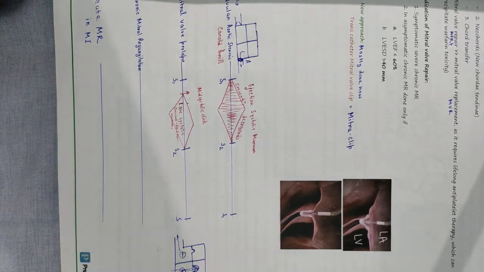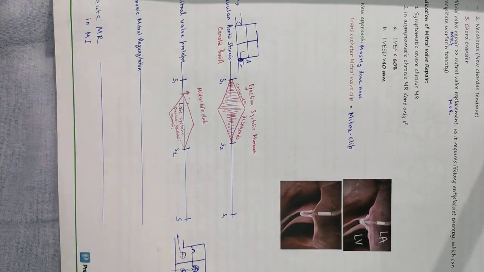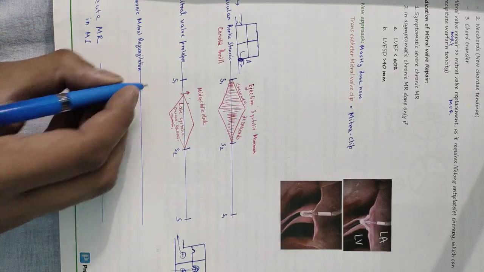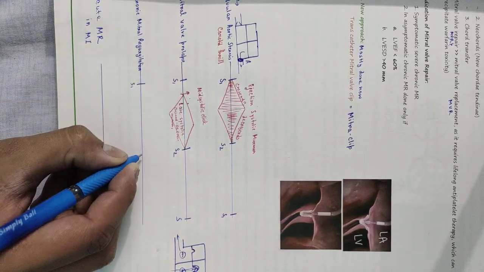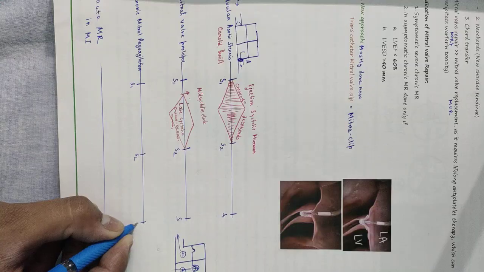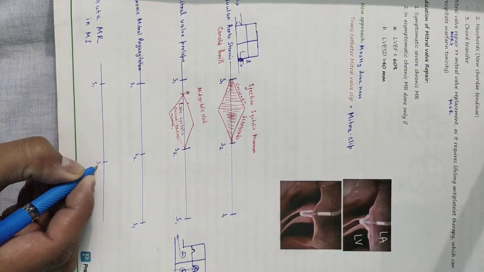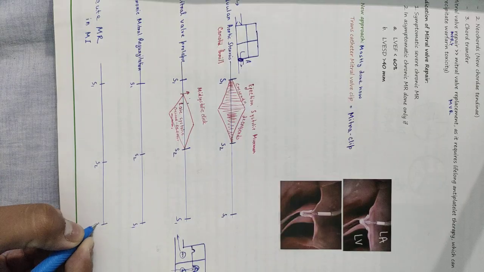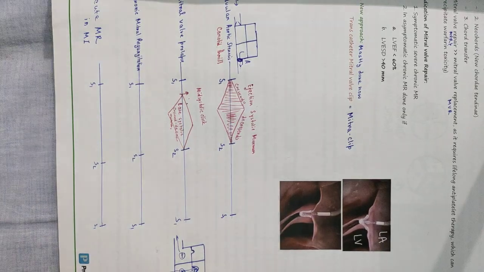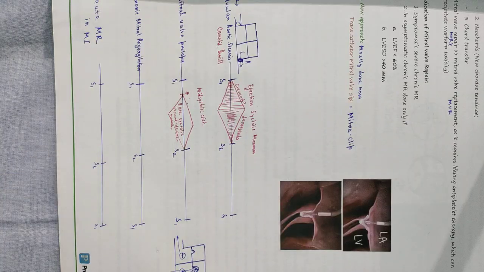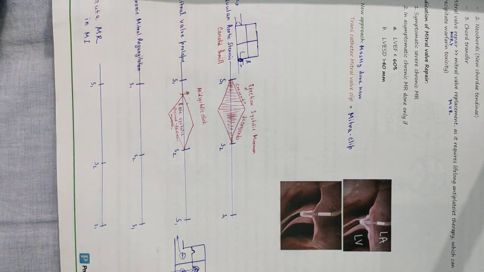Alright, next comes my topic of interest for today. S1, S2, S1, S2. Now I have two scenarios. One is chronic mitral regurgitation. In chronic mitral regurgitation, the adaptation is better.